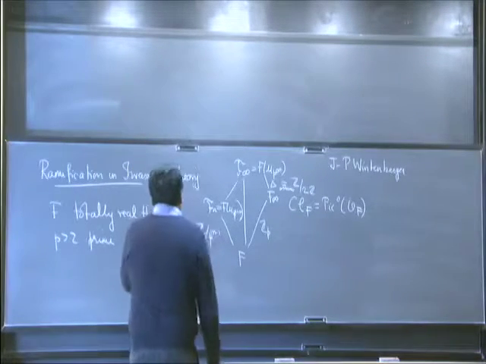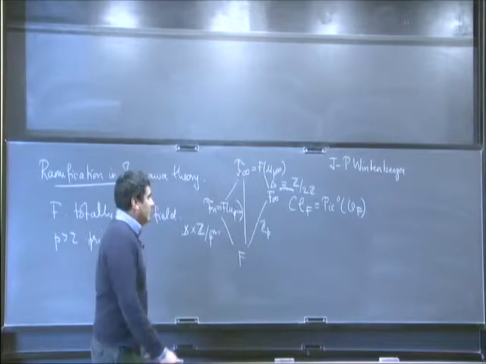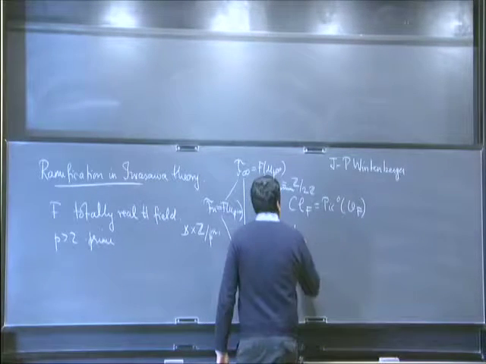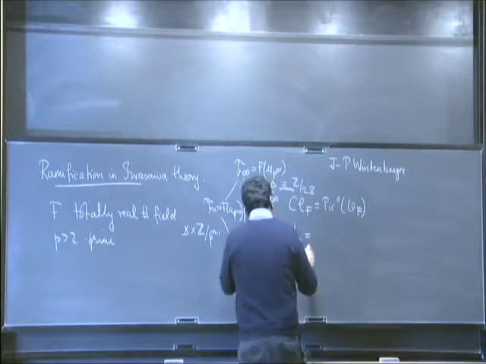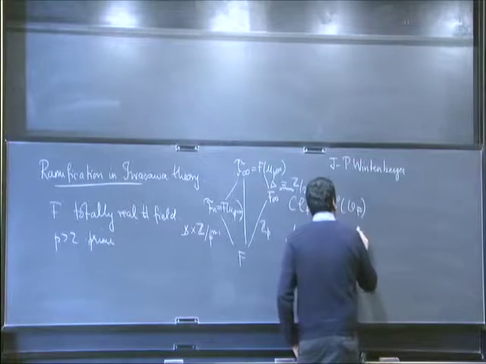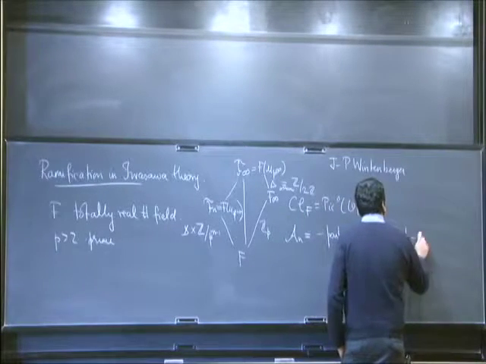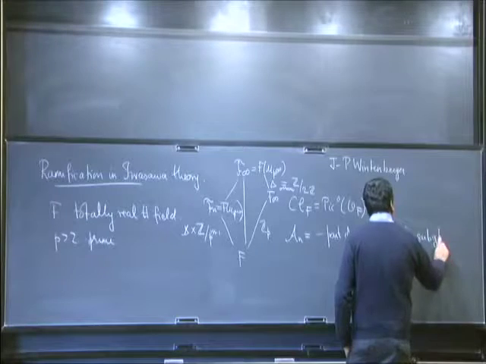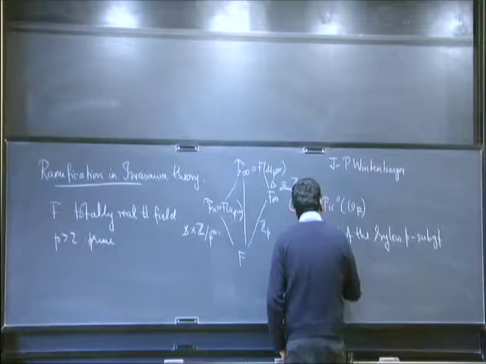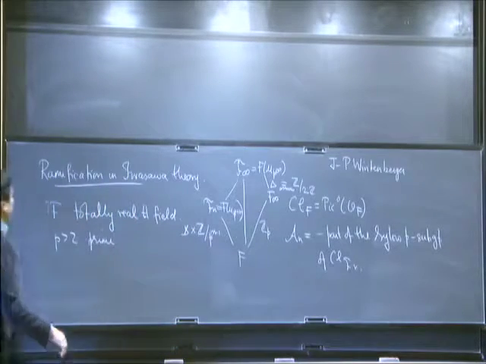Okay, so this is the situation, and now instead of looking at just one class group, you look at the class groups of all these guys. So you look at A_n minus, which is the minus part under complex conjugation of the Sylow p-subgroup of the class group of this nth intermediate extension.